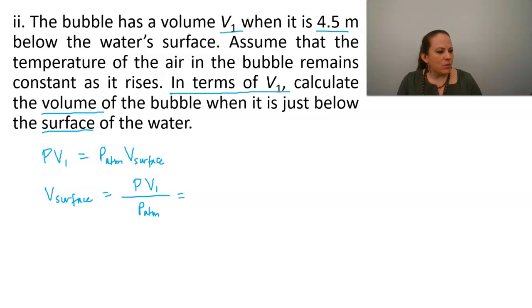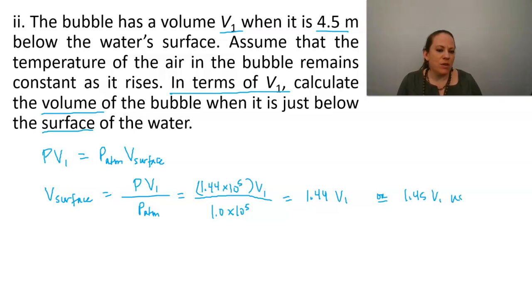And we're going to have 1.44 times 10 to the 5th times V1 divided by 1 times 10 to the 5th, and we're going to get 1.44 V1, or again, you might get 1.45 V1 if you used 10 meters per second squared for g.